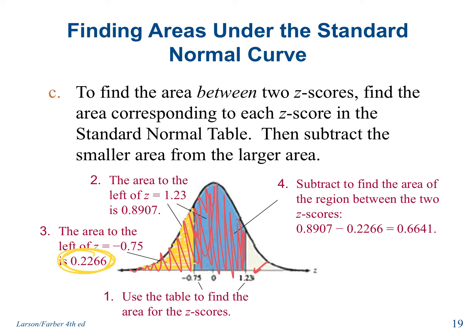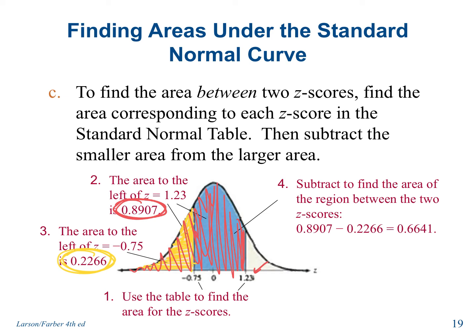We already looked that up previously, that's 0.8907. So the red shaded region has an area of 0.8907. The yellow shaded region had an area of 0.2266. What we could do is subtract them from one another.